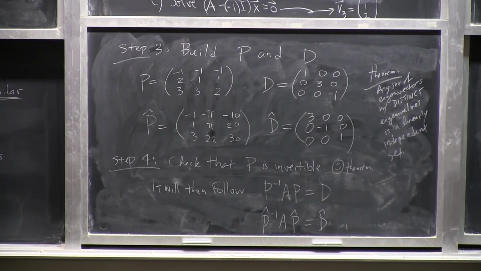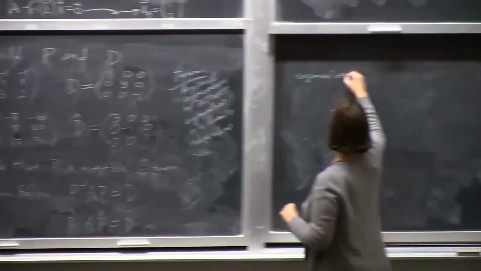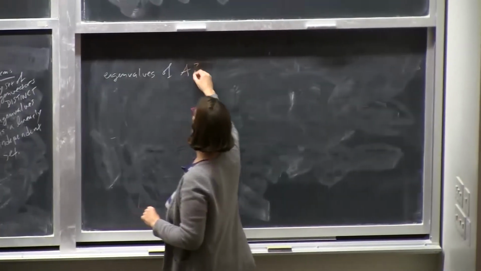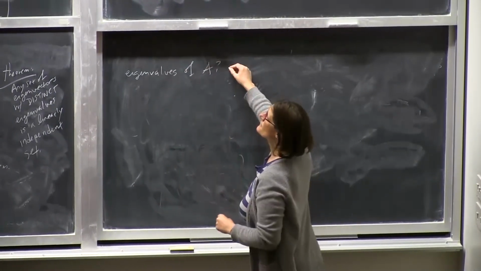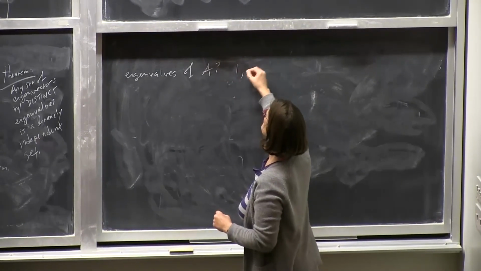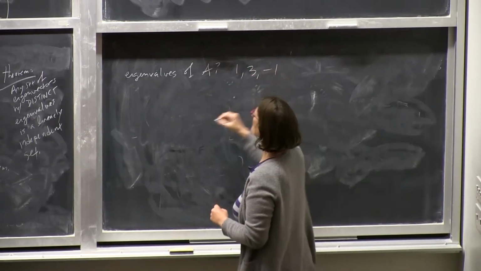Now, I would like you to just quickly notice a few things. So first of all, the eigenvalues of A, well, we computed them. They are 1, 3, and minus 1.